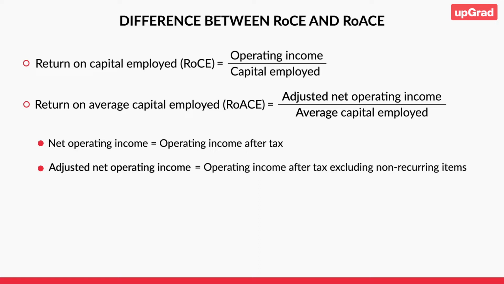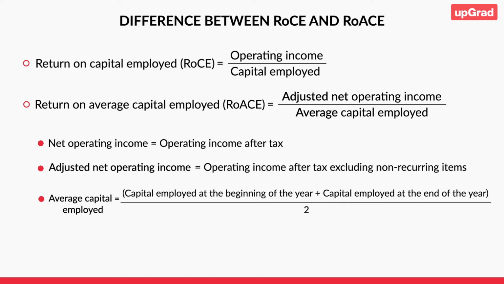And at the denominator, what do they do? They don't take the capital employed at the end of the year, but they take an average capital employed. They do an average between the numbers at the beginning and at the end of the year. Again, so as to get rid of any exceptional fluctuation. Many companies do that, it makes a lot of sense.